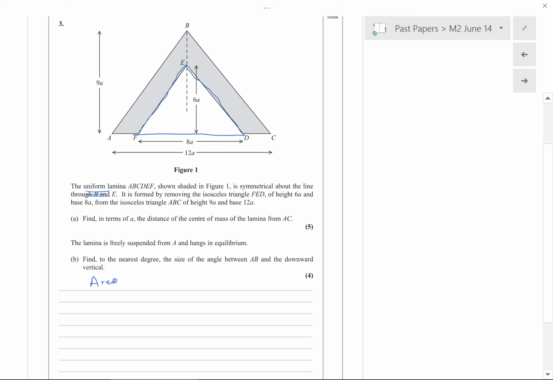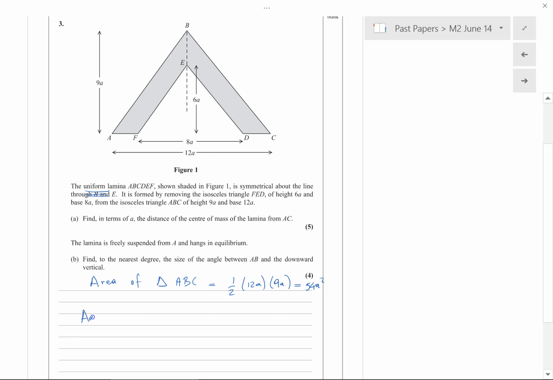So I'm going to work out the area of triangle ABC. That equals half times the base, which is 12a, times the height, which is 9a. So that's 6a times 9, which is 54a squared.